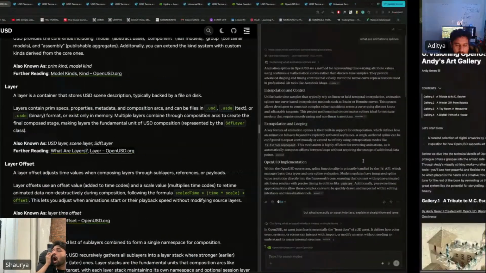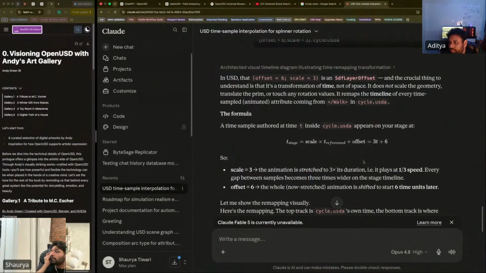So here we did infer it wrong. Yeah, that's why I was confused. Scale equal to 3 means the animation is stretched to 3x its duration, so it plays at one third of its speed.